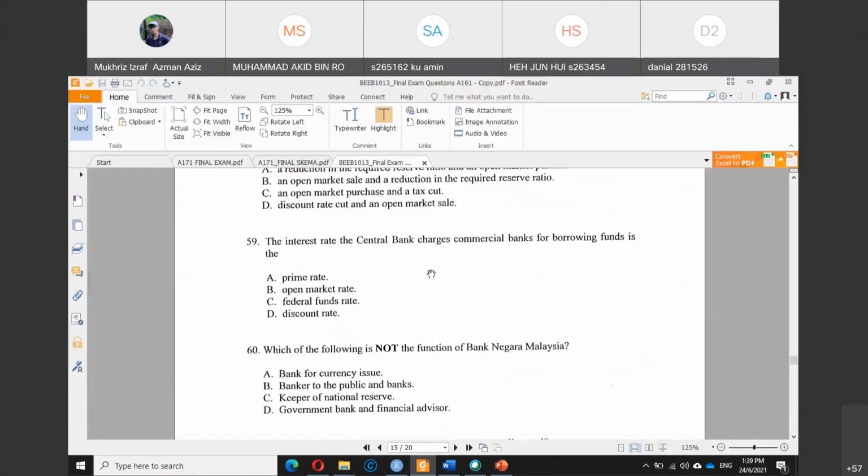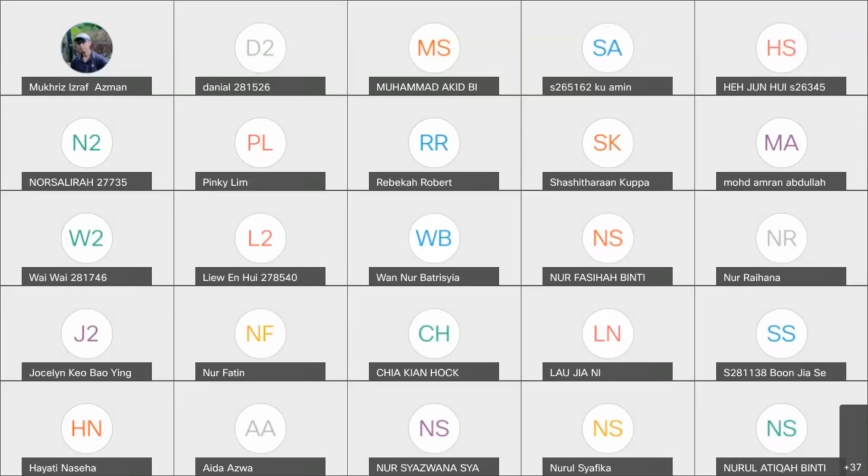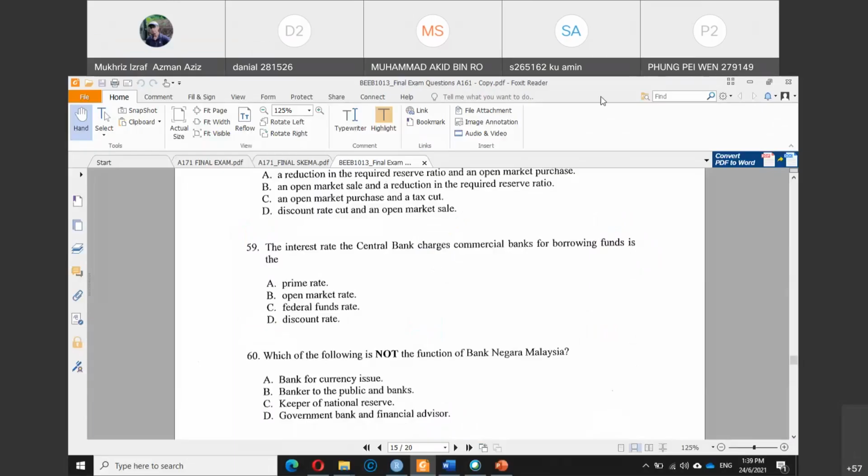The correct answer should be what? Many of you chose C, federal funds rate. The correct answer should be D, discount rate.